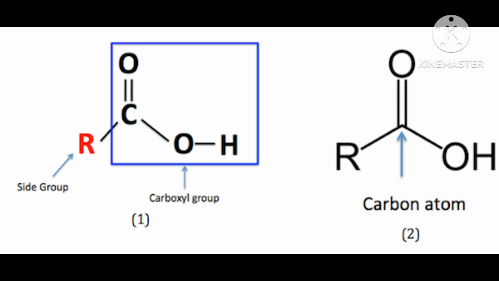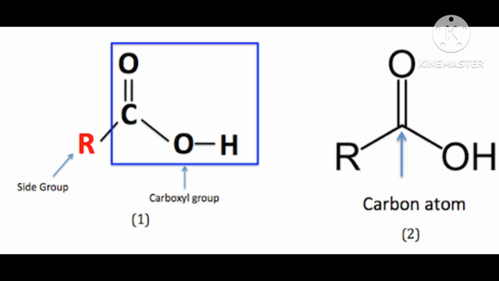Now another example, acetic acid, CH3COOH. Here two carbons are there. Common name is acetic acid. The IUPAC name: for two carbons the alkane is ethane, and the COOH carbon is included in the total of two carbons, CH3COOH. So it is called ethanoic acid.